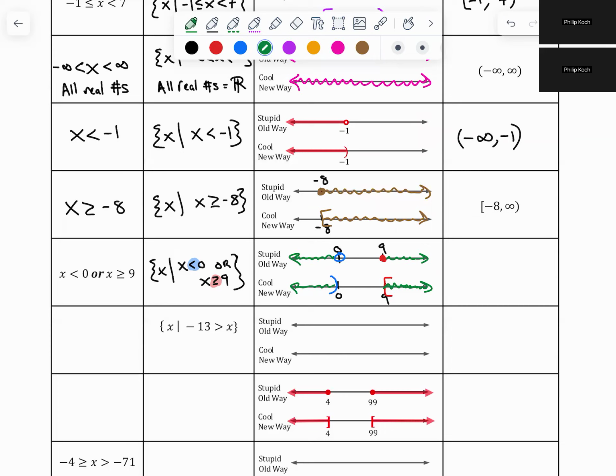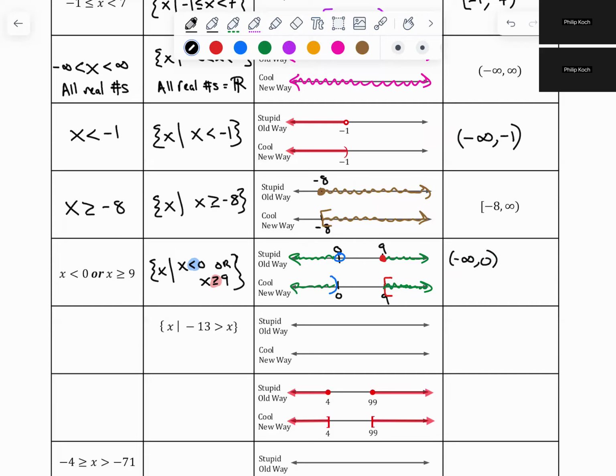But how do you write that in interval notation, because that's not one ray or one little segment? This is where we get to introduce a new type of notation. So what's the first interval? What does it start with? Parenthesis, negative infinity to 0, end parenthesis, because it can't be included.